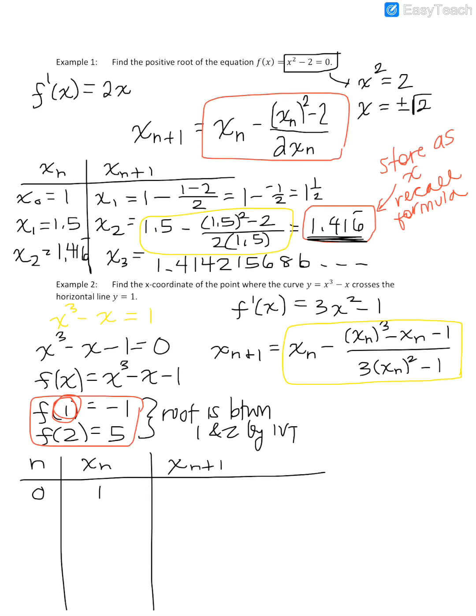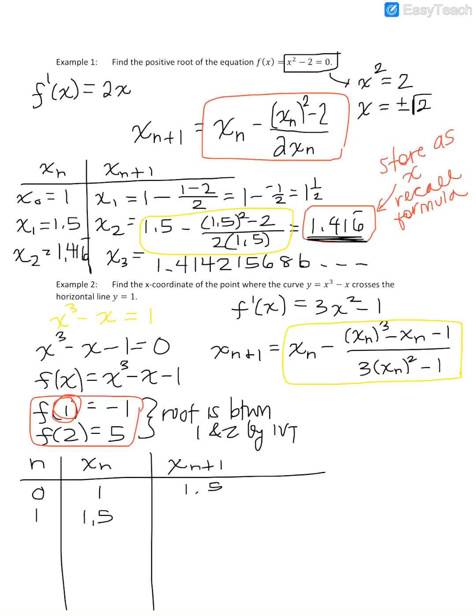All right, when I plug 1 into this yellow equation that I circled in my calculator, so store x as 1, type in that x equation that we have over here in yellow, and then I'm going to go ahead and hit enter. I get 1.5. So now my n at 1, x sub 1 is 1.5.